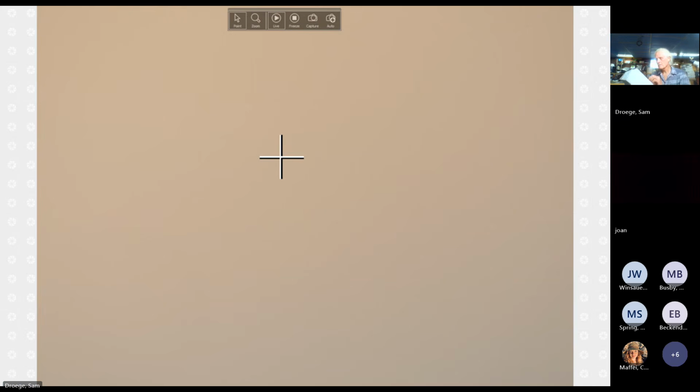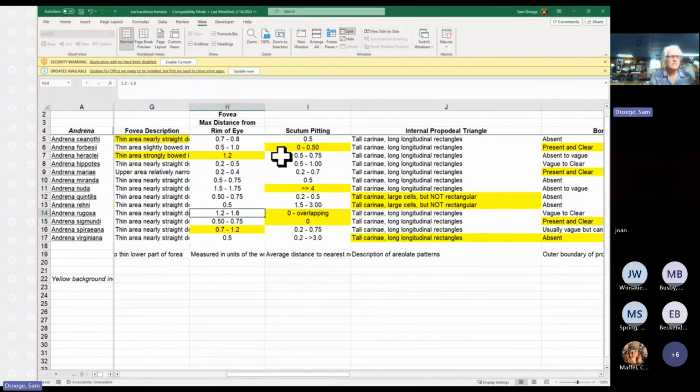So, make sure I put it in the right place. Rugosa, and also, well, we'll take a look at this one. I believe we also mentioned, did we not, that it has a long.